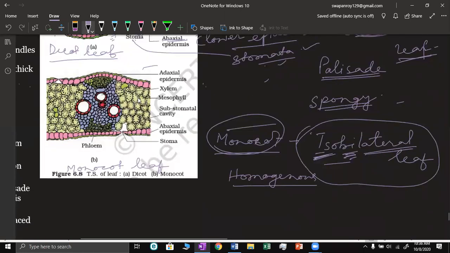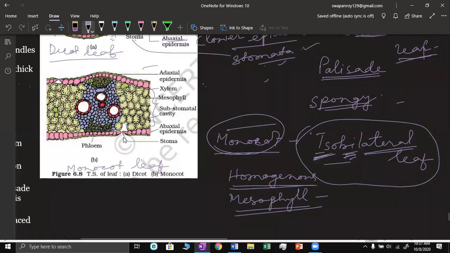So here the mesophyll cells are not differentiated into palisade and spongy parenchyma. So mesophyll is only one type, it is homogeneous. Mesophyll is not differentiated into spongy parenchyma and palisade.